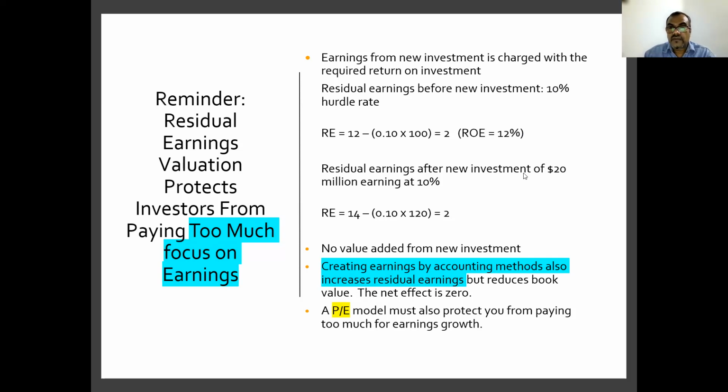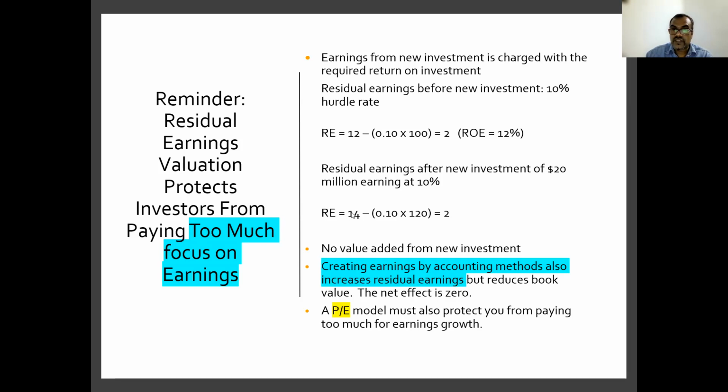Then the residual earnings after new investment of $20 million, earning at the same percentage. What would happen to your residual earnings? If this new investment gives you the same return at the rate of 10%, 10% of 20 is 2. Then 2 plus 12 becomes 14.